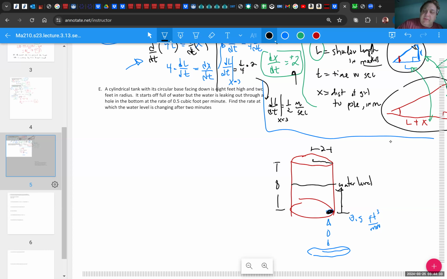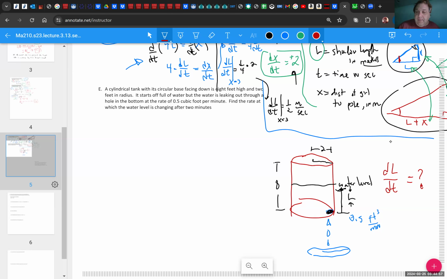I need a variable for that. We'll call it L for level. So the water level is from there to there. It is decreasing, so it's getting smaller. And we are looking for the rate at which the water level is changing. So we're looking for dL/dt, probably at some moment in time, but I'll just leave it like that for a moment.